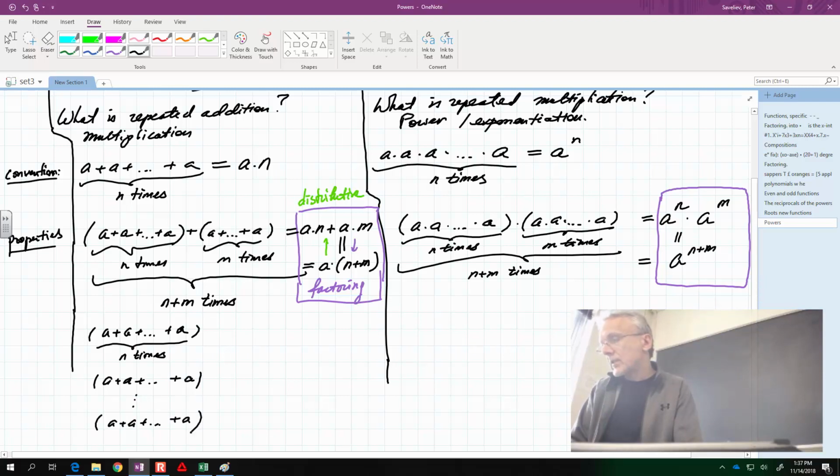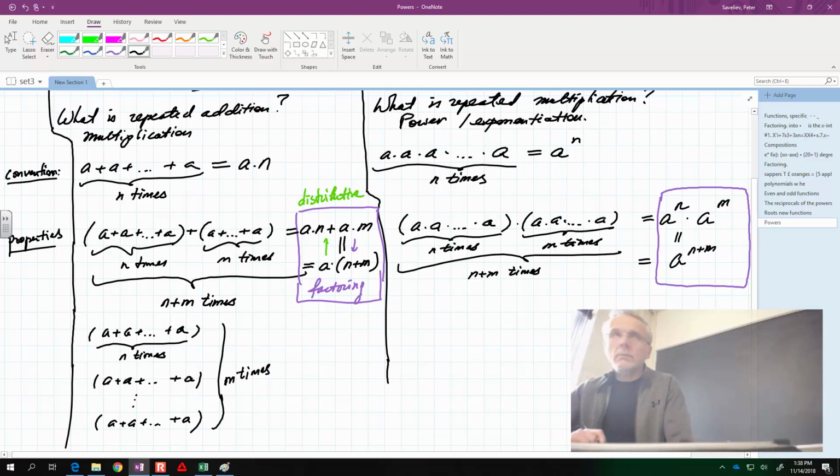So it's the same string of numbers, but it appears m times. Okay, so then each of these rows is a times n, and the next one is a times n, and there are more of them, a times n.